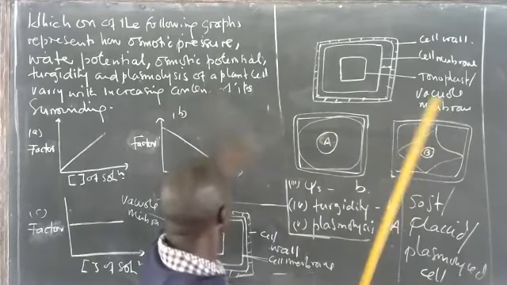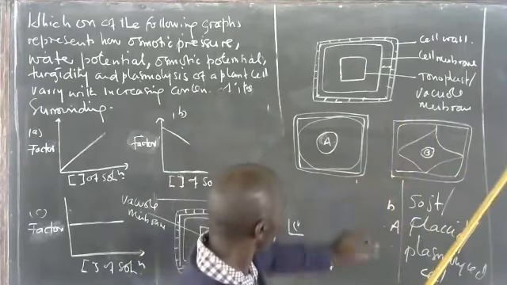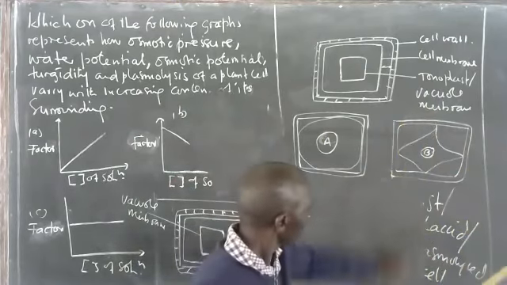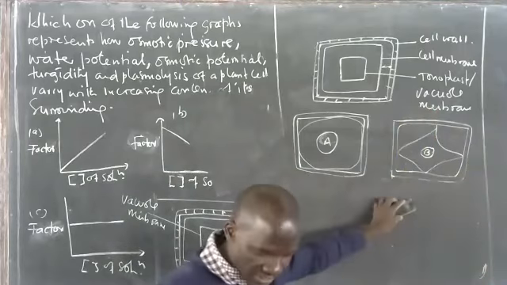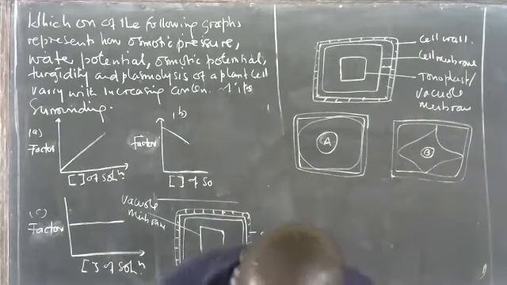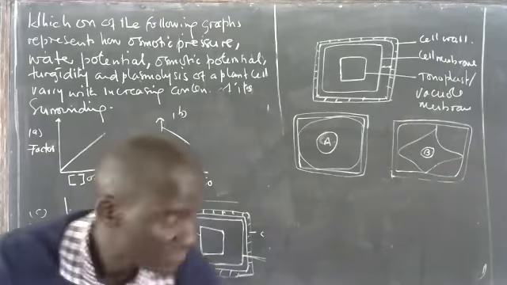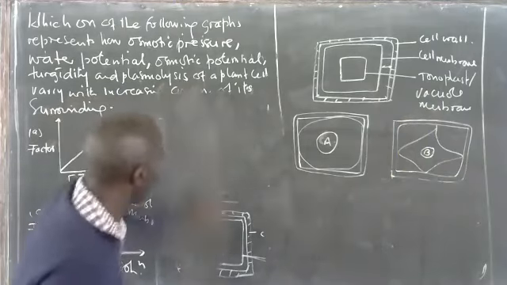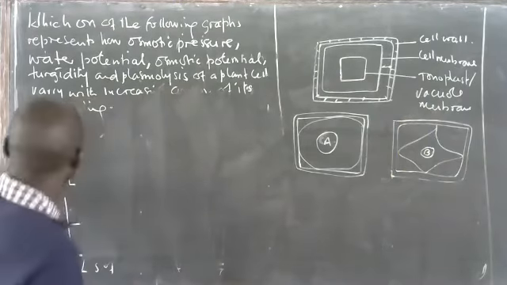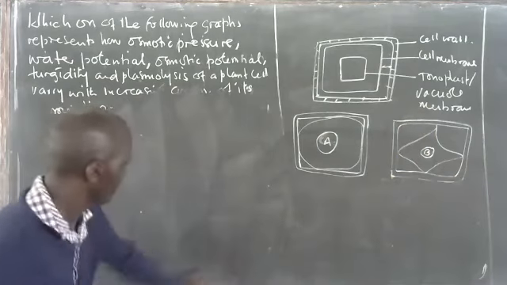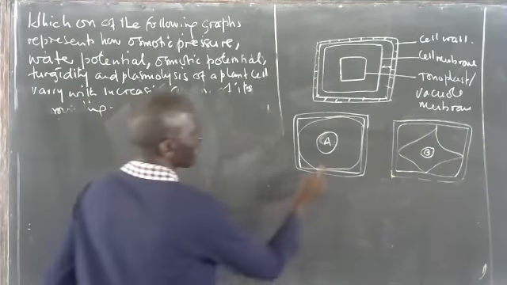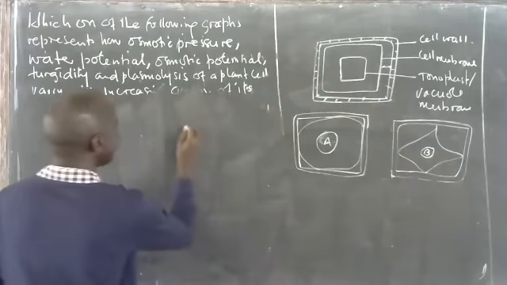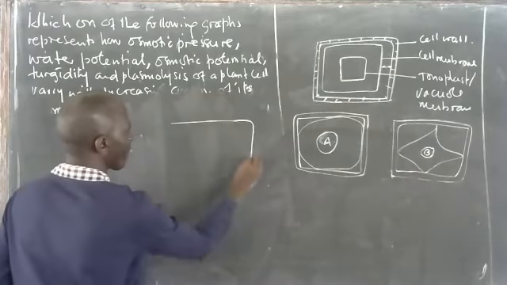So if I have these cells, I have A, B, and then C here.